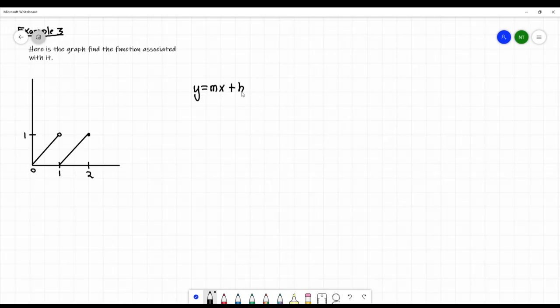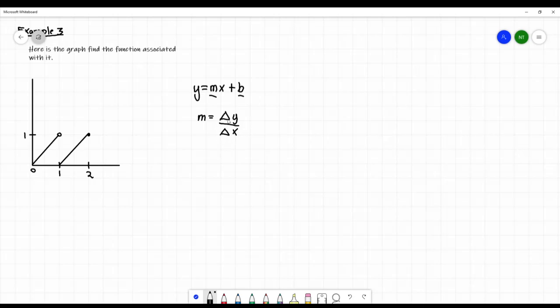Here m is called the slope of the line, and b is the y-intercept of the line. The formula for finding the slope is the change in y, delta y, where delta means change, divided by the change in x, delta x.